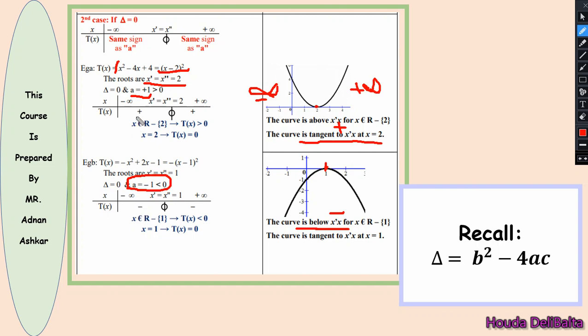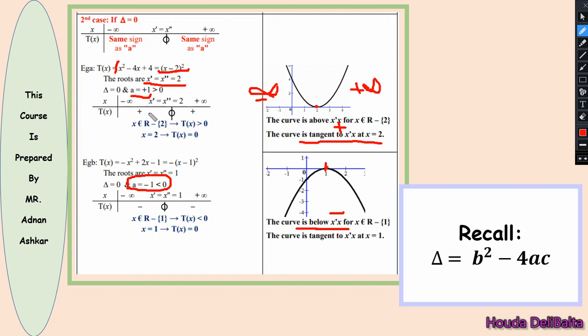So again and again, we put the row for x and the row for the function, minus infinity, plus infinity. We put the root in the middle and 0 on the root because its ordinate is 0. And we spread the sign of A before the root and after the root.